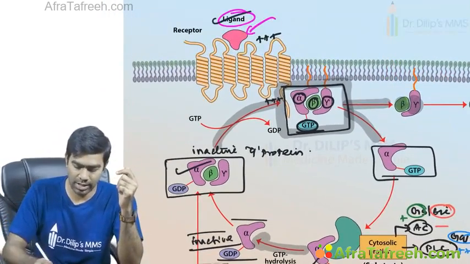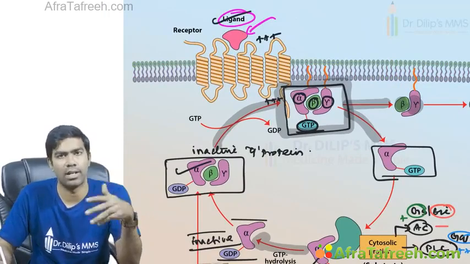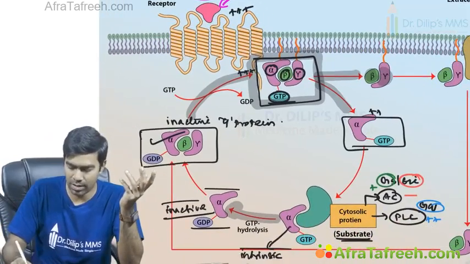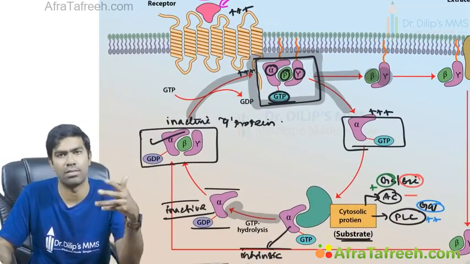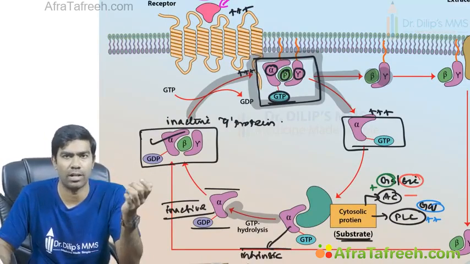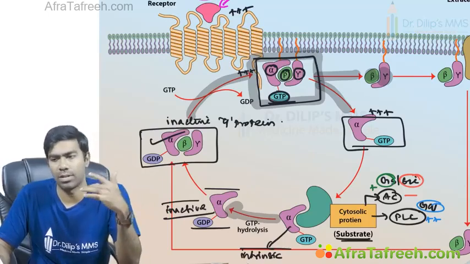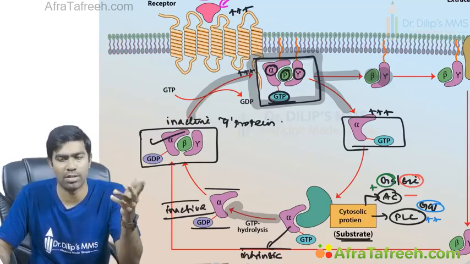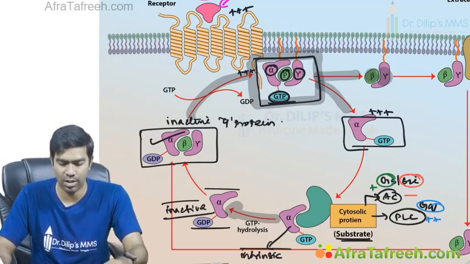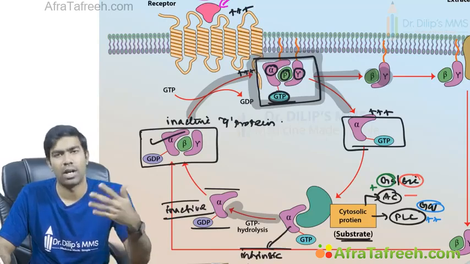As long as the ligand is bound to the receptor, this G protein will always be in the activated state, which means the alpha GTP will always be separated from the beta and gamma. But sometimes it might result in uncontrolled activation of this GPCR pathway. So that is why we have a check to prevent this uncontrolled activation.